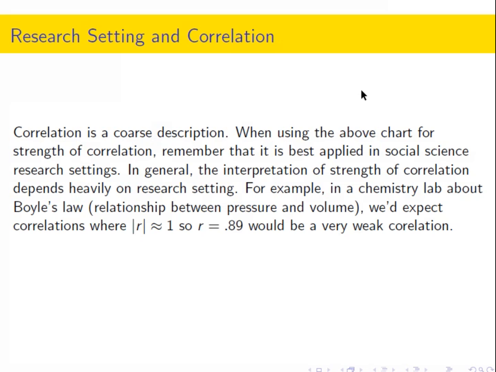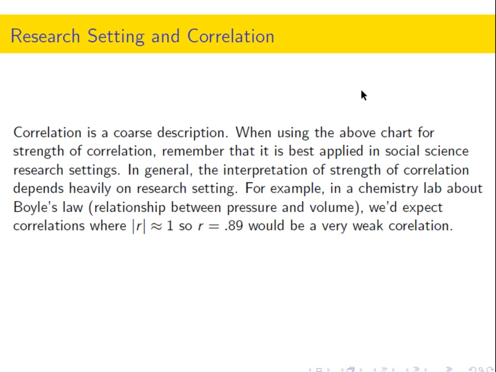And I want to remind you that correlation is highly dependent on research settings. So if you're in a physics lab or a chemistry lab and you're doing a Boyle's Law investigation where you're looking at the relationship between pressure, temperature, and volume, you definitely expect really strong correlations.